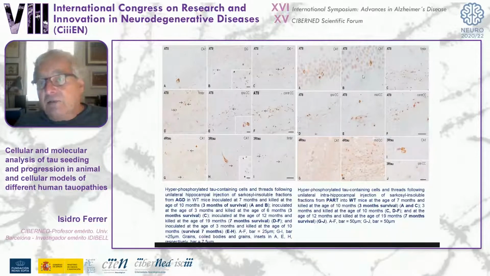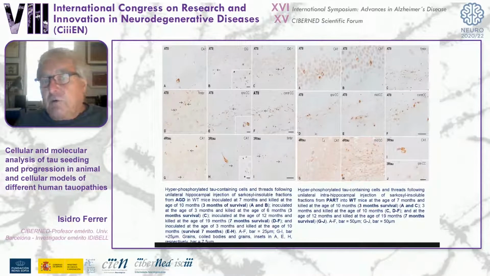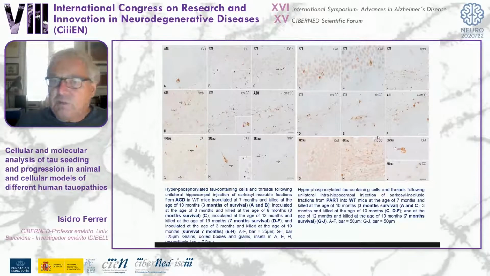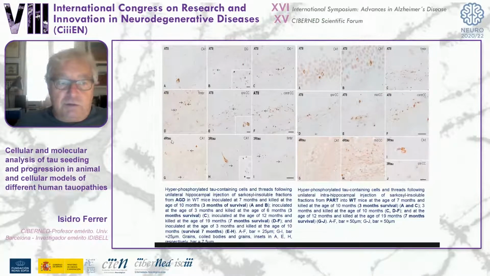Whilst in the case of PART, for example, it is just a disease with neuronal involvement, but not glial involvement. And here another important point is that although in PART the deposits are 4R and 3R, what is expected following the inoculation of a 4R, 3R tauopathy, here we can see also 4R but not 3R tau.